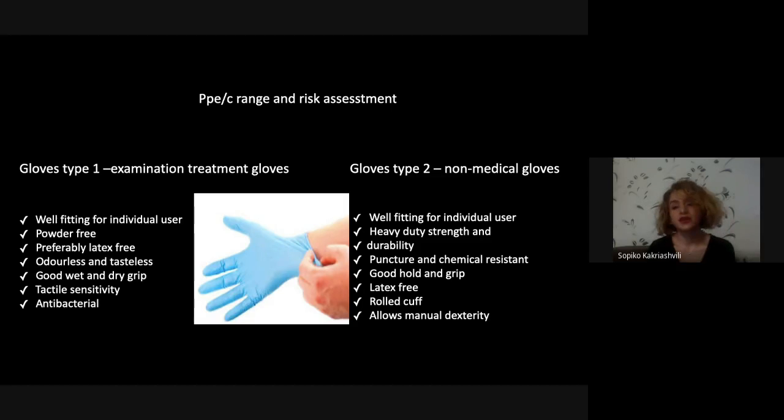And gloves type 2, the non-medical gloves, should be well-fitting for individual users, with durability, heavy duty strength, puncture and chemical resistant, good hold and grip, long cuff, latex-free, and allowing manual dexterity.